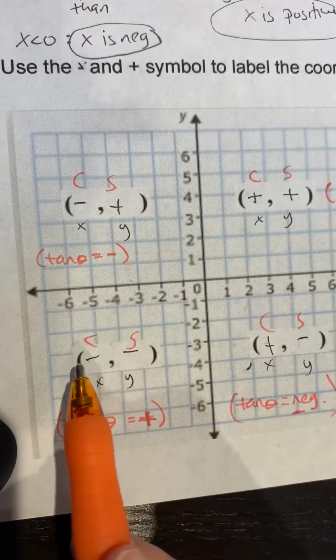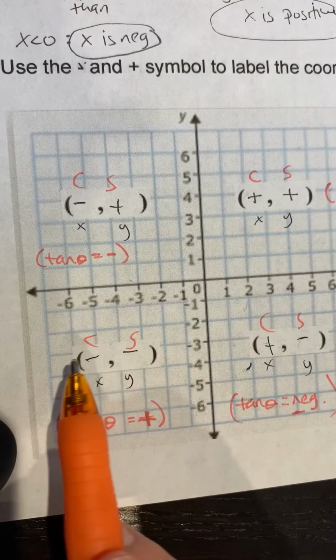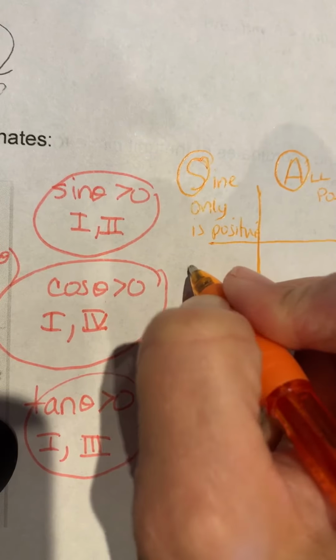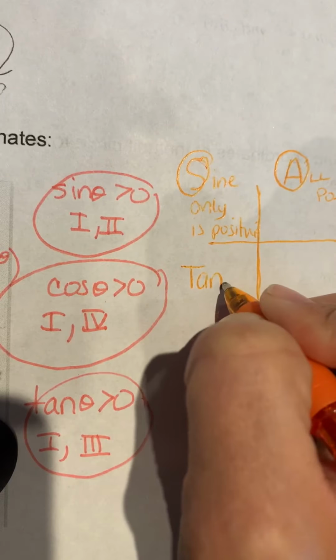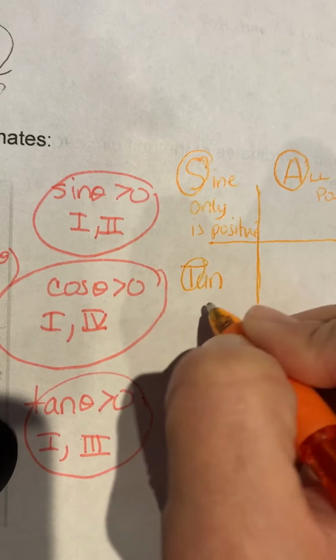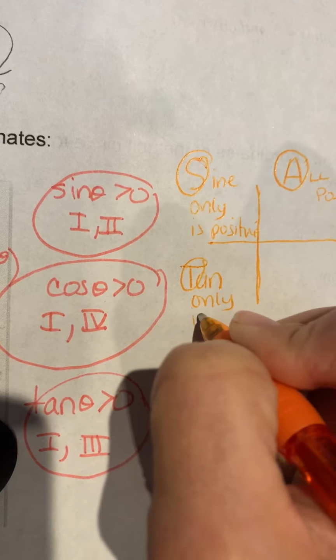And what about this quadrant? Who's the only one positive? Well, sine's negative, cosine's negative, tan's the only one positive. Tan only is positive.